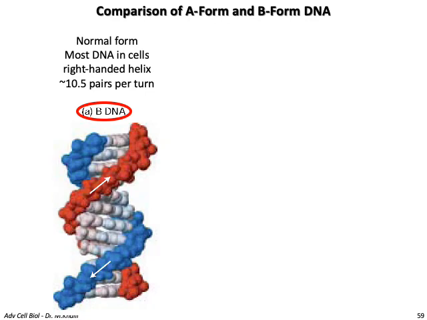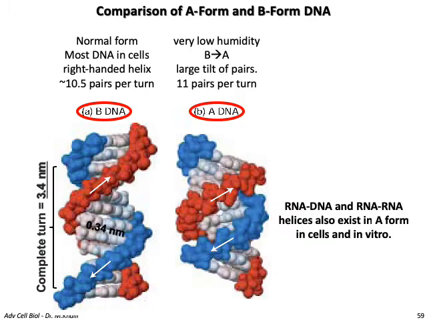If you look at the other forms of DNA, the B form and the A form, the difference is that the A form arises only in very low humidity, in which B is transformed to A. There is a large tilt of the bases, and the number of nucleotide pairs per turn is 11, while the other is around 10.5.